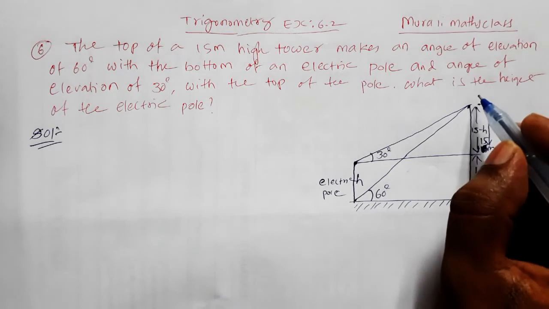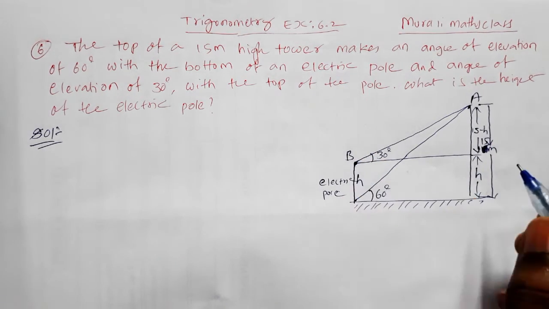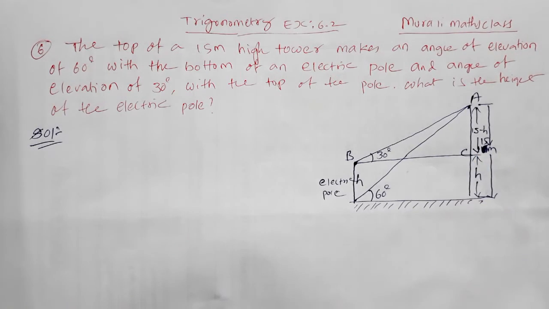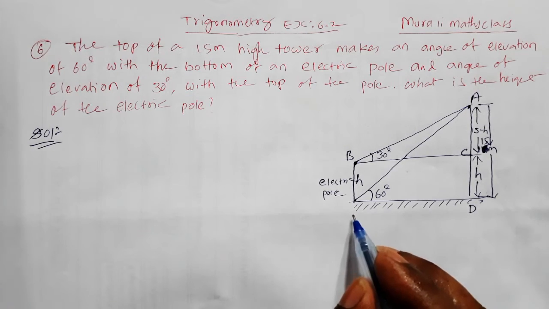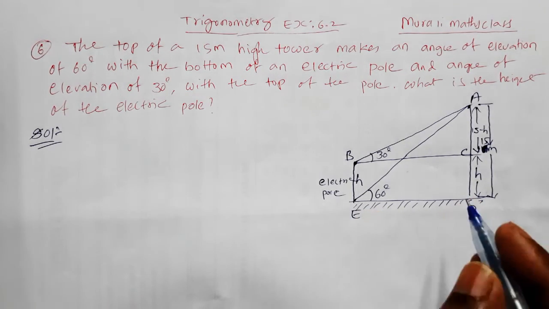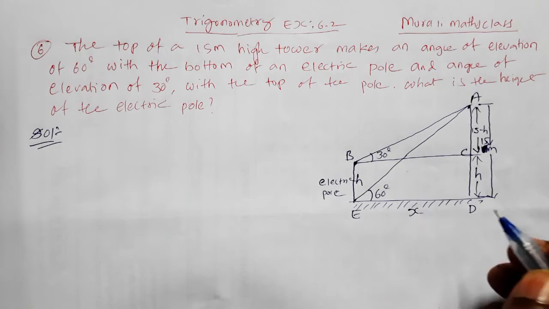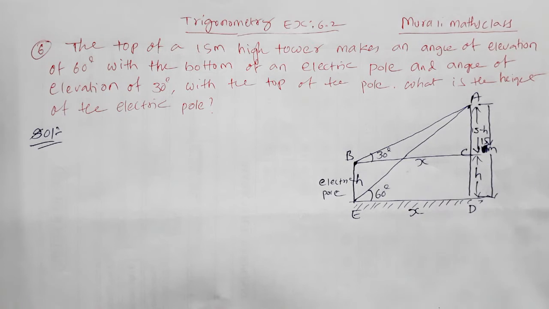Now we will take triangles. Name the points A, B, C, D, E. And this length we don't know, let us mark x. If it is x, this is also x only. Now take some triangles.